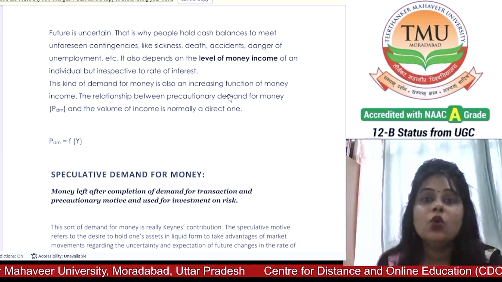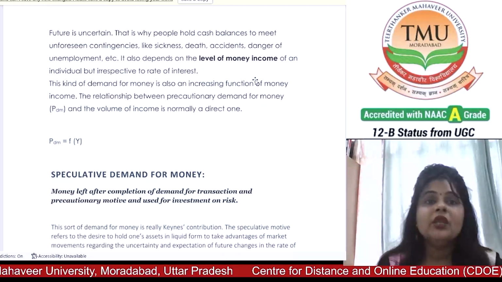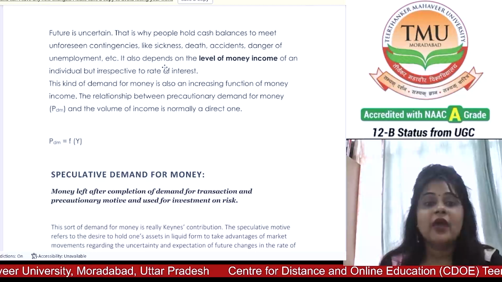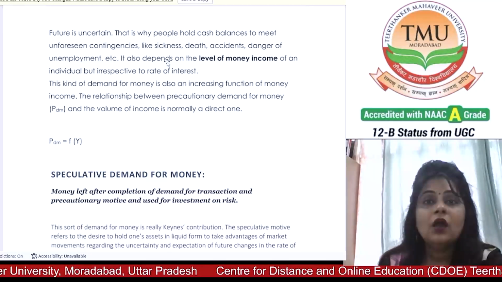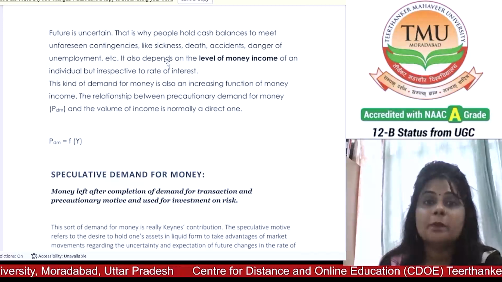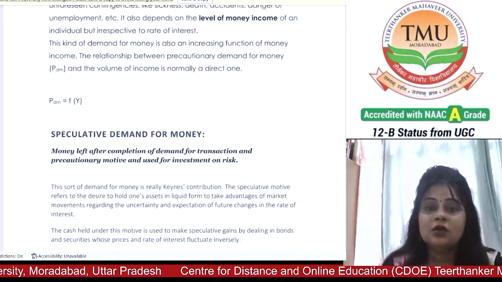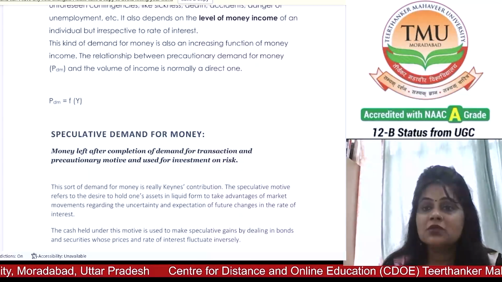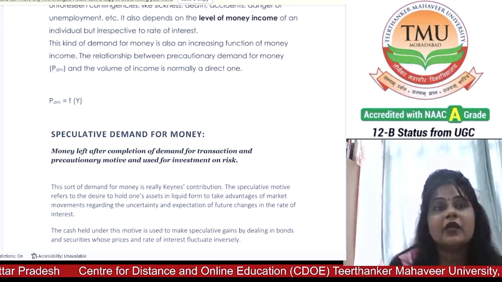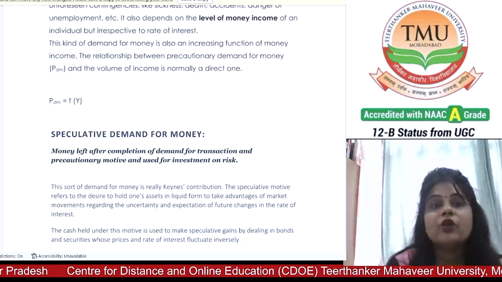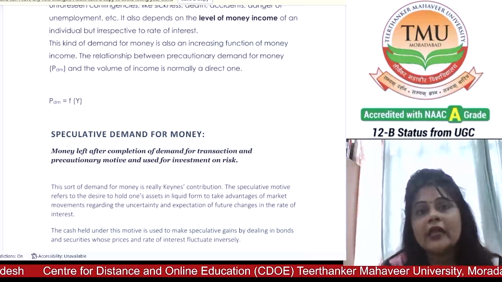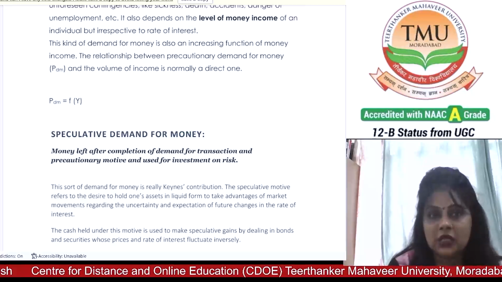That is why people hold cash balances to meet unforeseen contingencies like sickness, death, accidents, dangers of employment, etc. It also depends on the level of money income of an individual, but irrespective of the rate of interest. This kind of demand for money is also an increasing function of money income.